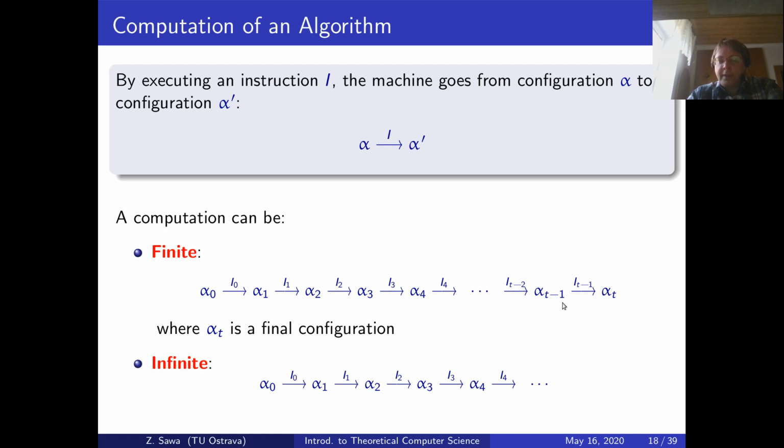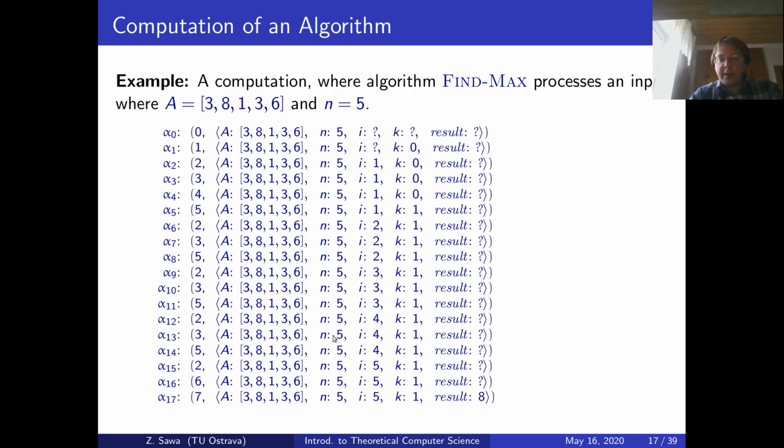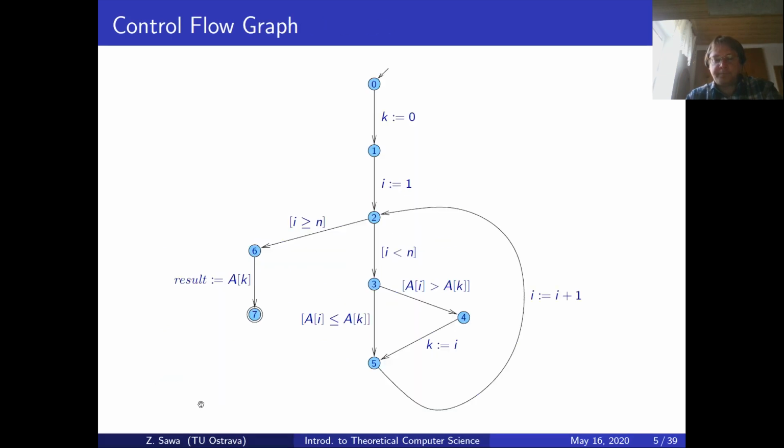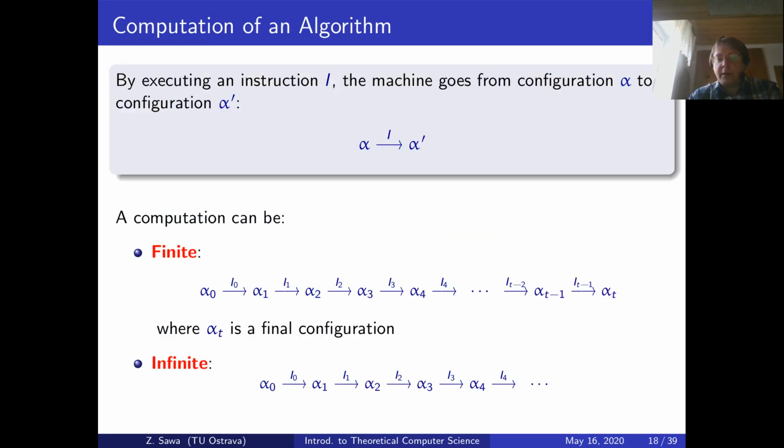And this computation could be either finite, where the last configuration is some final configuration like here, which was the case here, where the machine has halted, or it could be infinite, it could continue forever and never reach a final configuration. It will go to some new configurations and run forever.